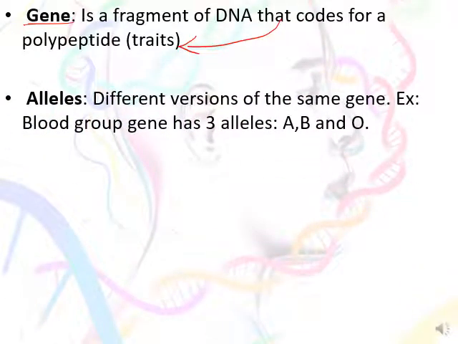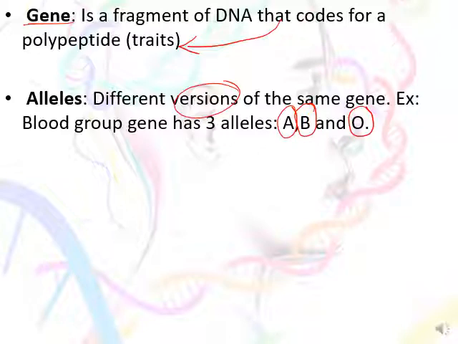What are alleles? Alleles are different versions, or we can say different models, of the same gene. Let's take the blood group. In the blood group, we have three different alleles: allele A, allele B, and allele O. Later, we will talk about dominant and recessive, and what they mean. Each gene, for example the eye color gene, has different alleles.